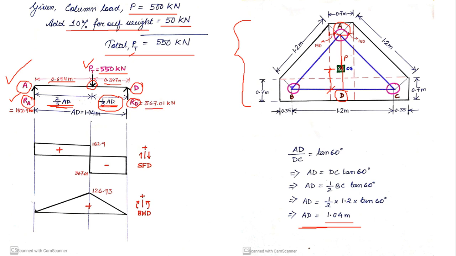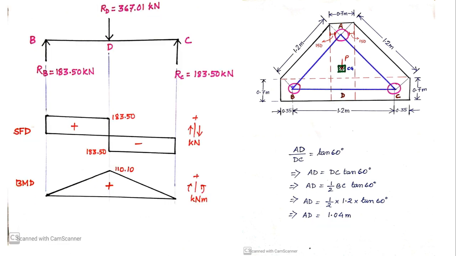So RD comes out to be 367.01 kilonewton and RA will come out to be 182.9 kilonewton. Okay, so now I know the reactions of the beam. So if I know the reactions, I can draw the SFD as well as the BMD. Okay, so these are the SFDs and BMDs with their respective values, right?